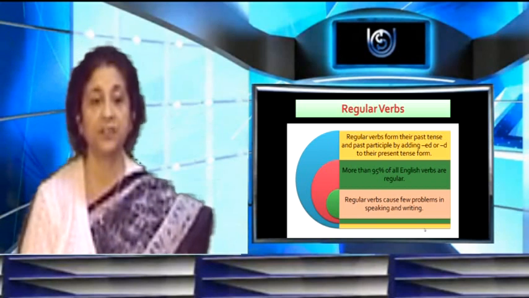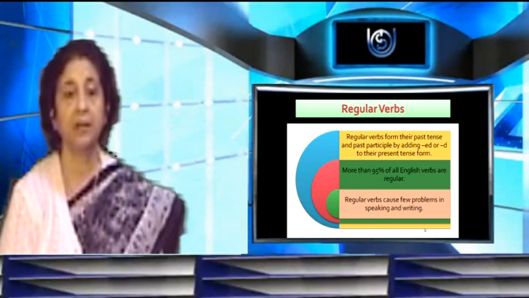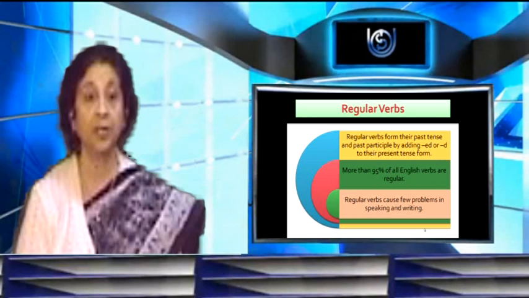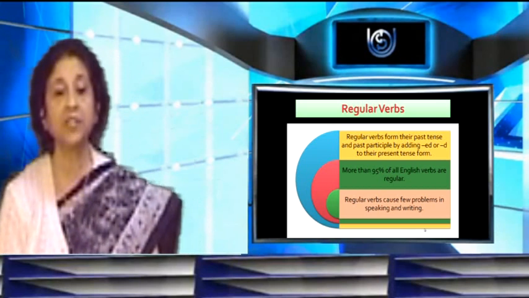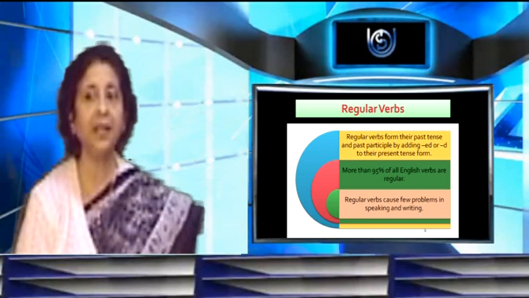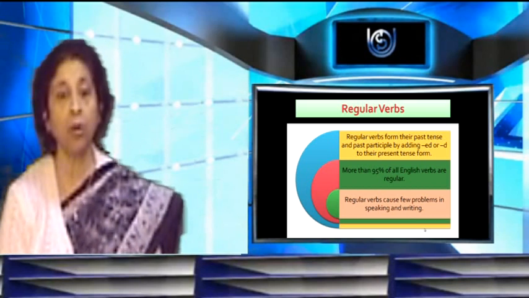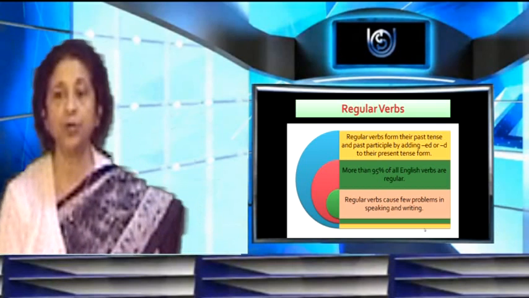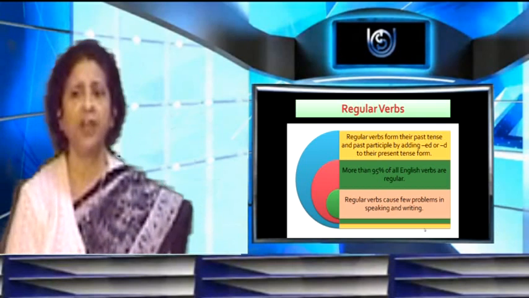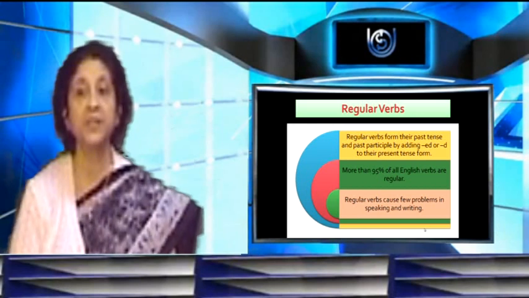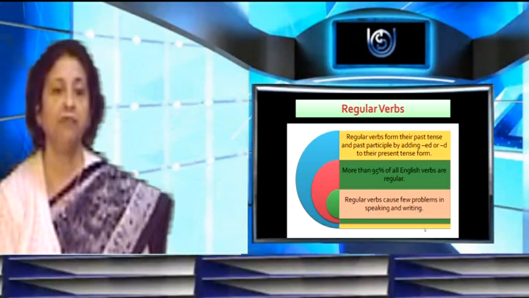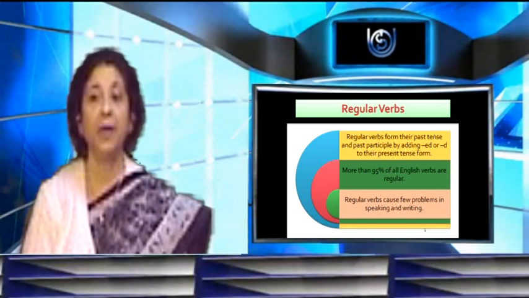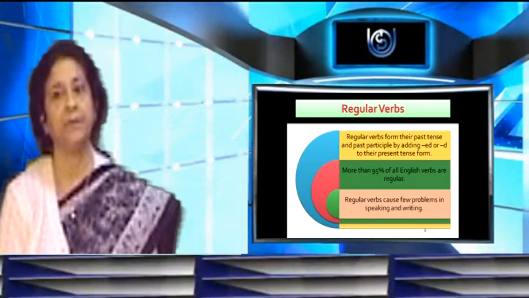Now you have seen the first form, second form, like eat, ate, write, wrote. Or sometimes we put ed or d. Cook, cooked. This is the example when we just put ed. More than 95% of all English verbs are regular verbs, where we are changing into second form or past tense by putting ed or d.